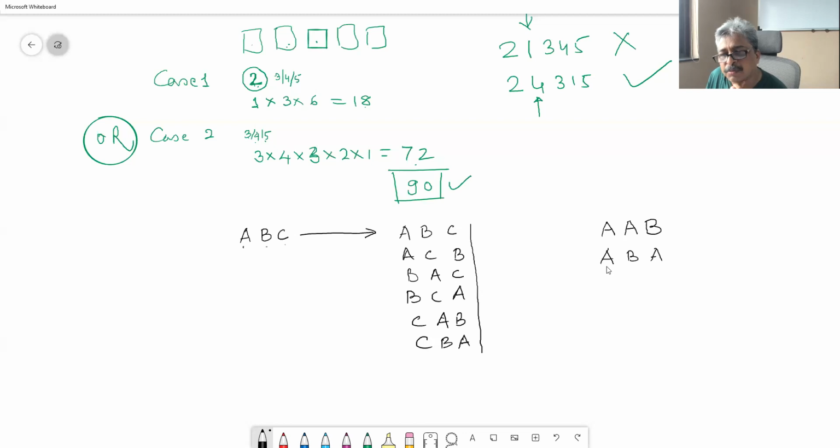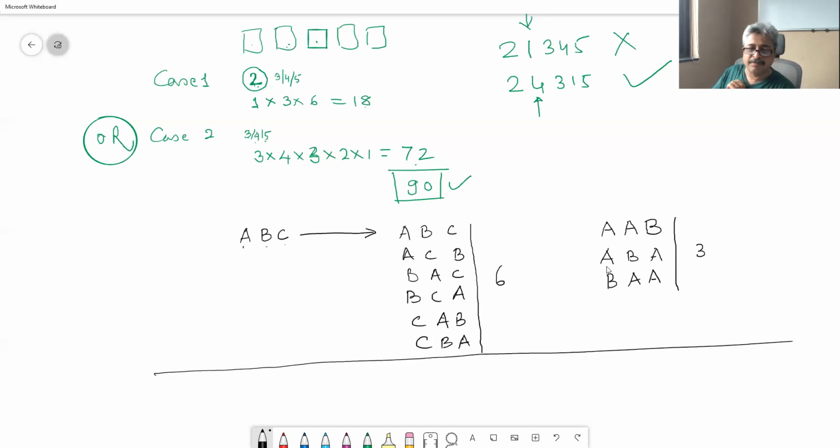ABA is another photograph. And BAA is the third photograph. If the two A's are the same, then I have only 3 permutations. But when A, A, and B are not the same, then I have 6 permutations. Okay, study number 1. We have completed our study.